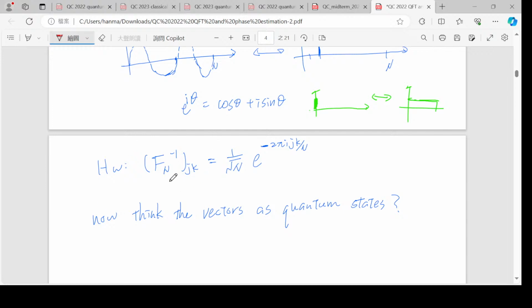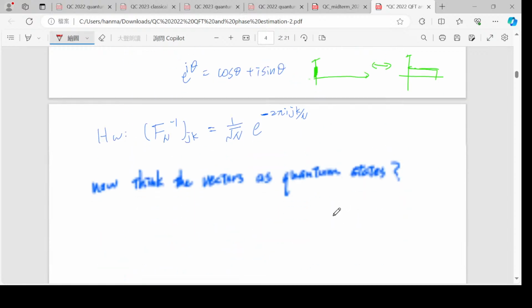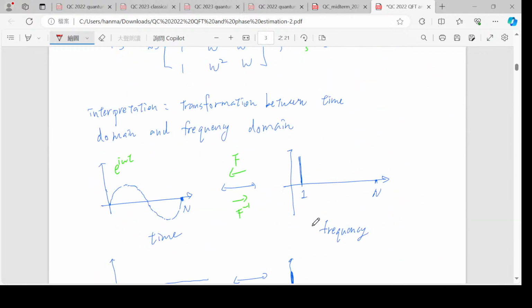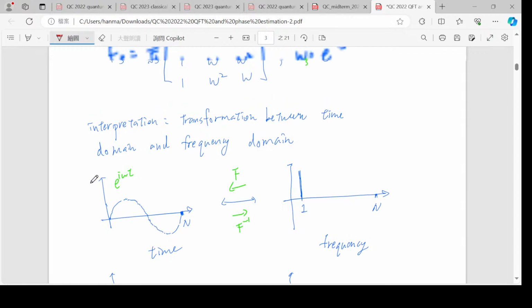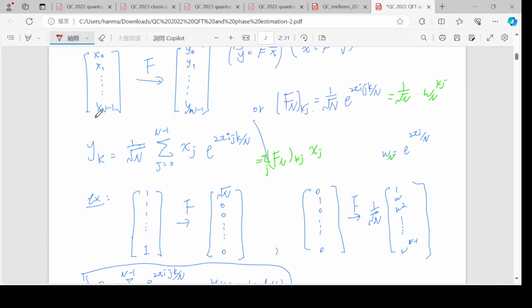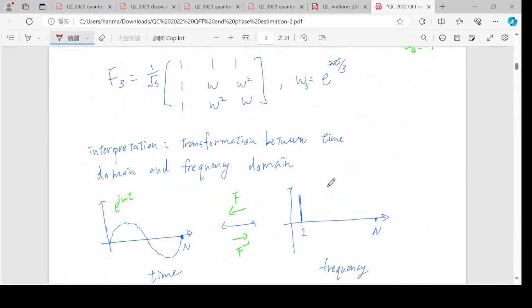And because this inverse Fourier transform exists, we can make sense of the frequency domain and time domain. You think of your whole vector as a signal, you transform it to another domain, and then you can just transform it back.